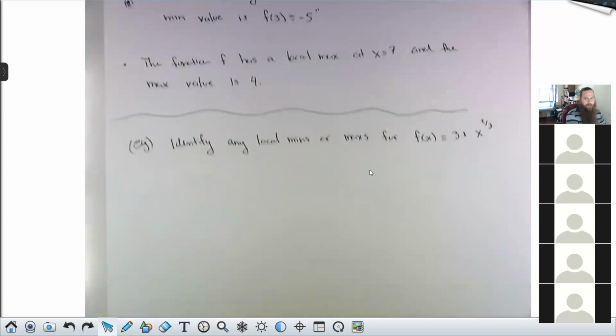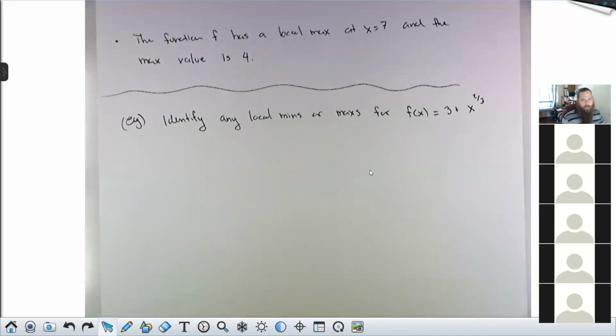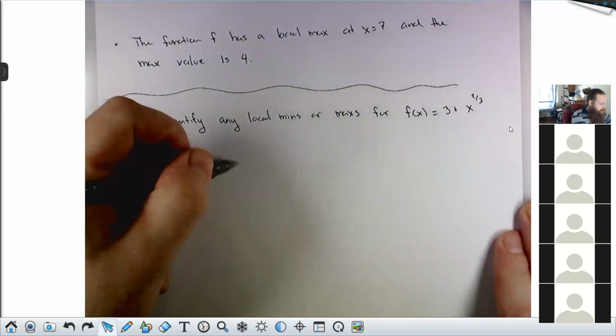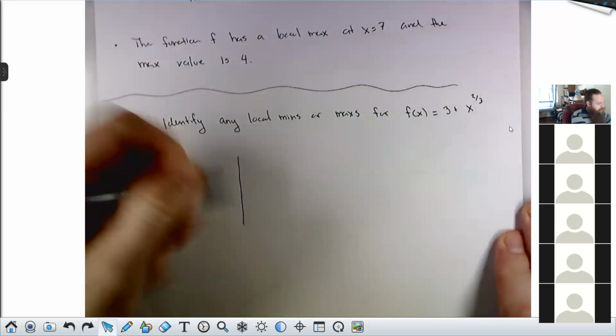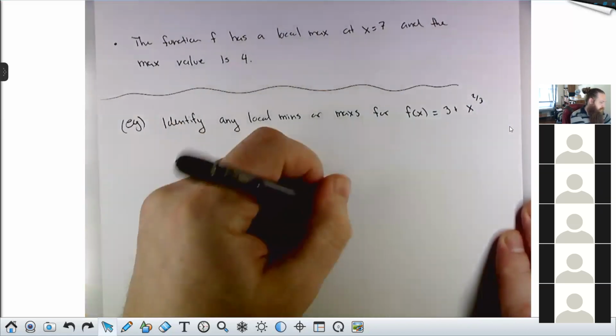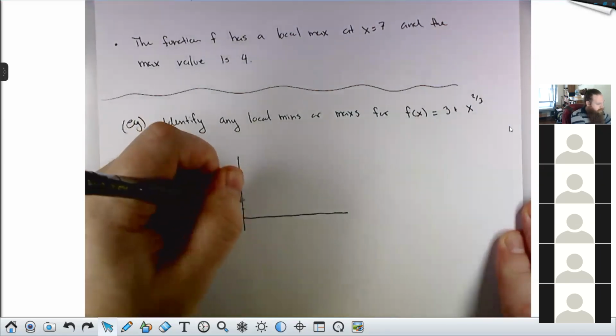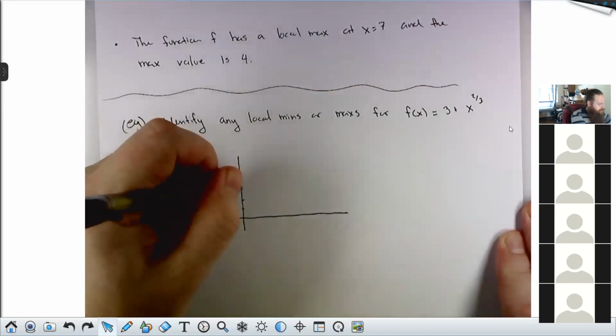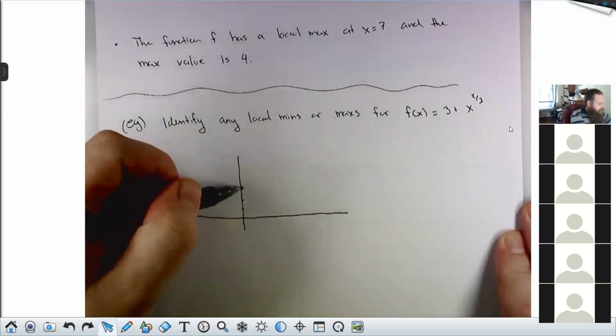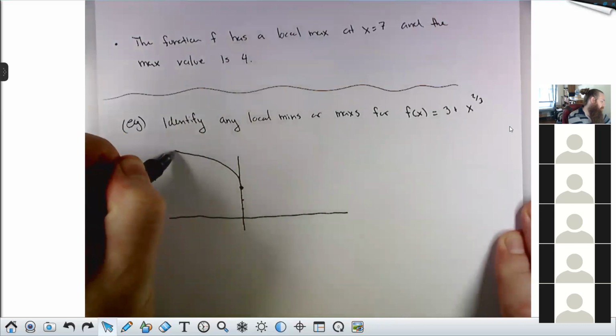Okay, and for this one, again, I'll go ahead and give you the graph. I'm saying I want to identify any local mins or maxes for the function f of x equals 3 plus x to the 2/3. The graph of this function is a kind of funky shape.